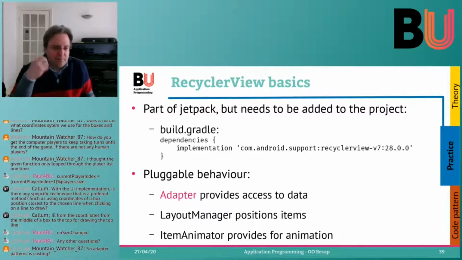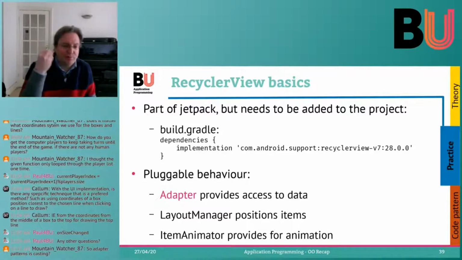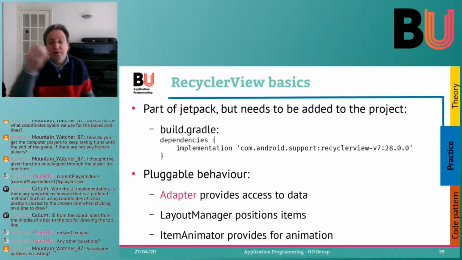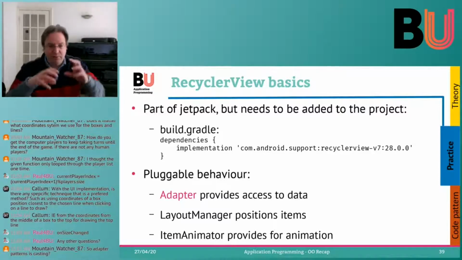So then it has pluggable behavior. You provide an adapter to make it able to get at your data. You can have your own layout manager. RecyclerView also replaces GridView. GridView is for when you have images in a grid, so you have more than just horizontal and vertical.